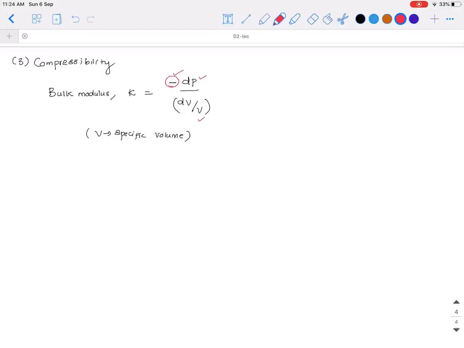You know that density is 1 by V, the reciprocal of specific volume, so this can be written as dP over d rho by rho. Bulk modulus is the inverse of a quantity called beta, which is the coefficient of compressibility.